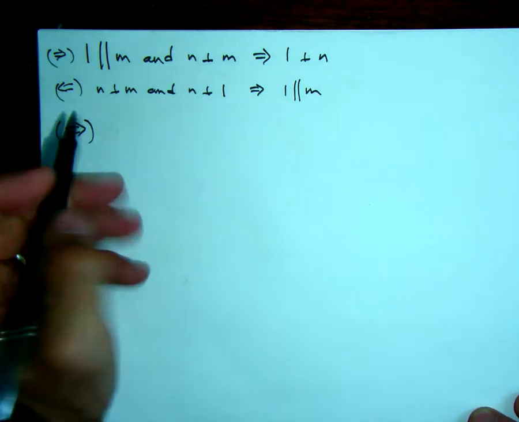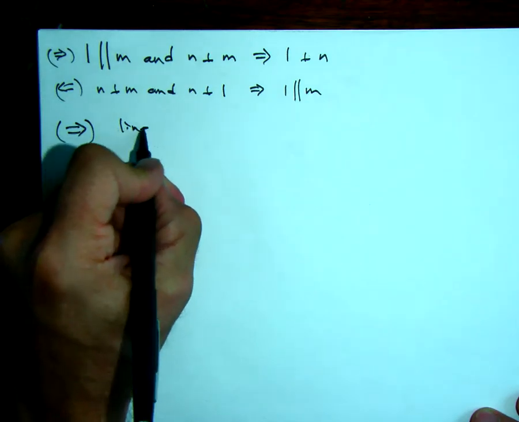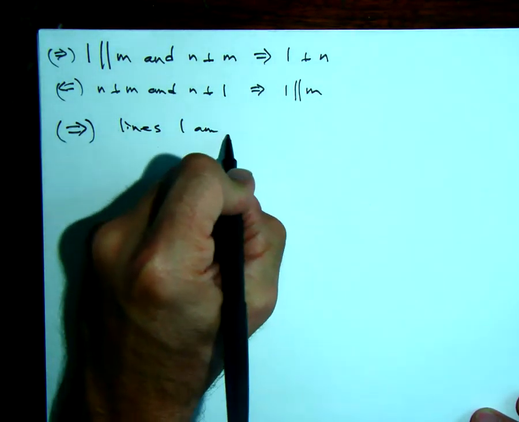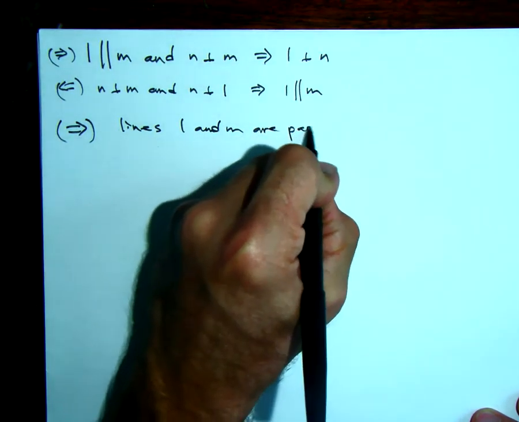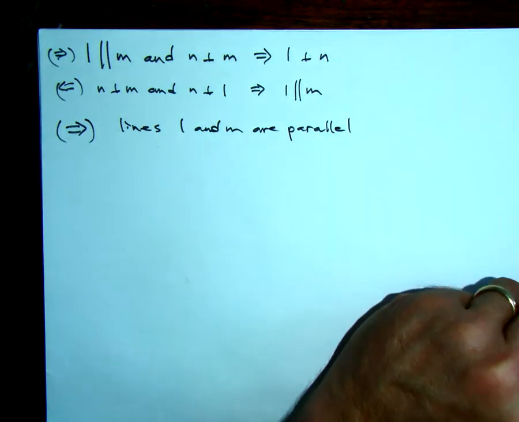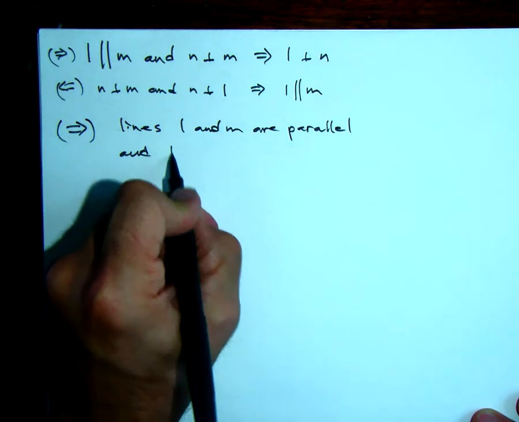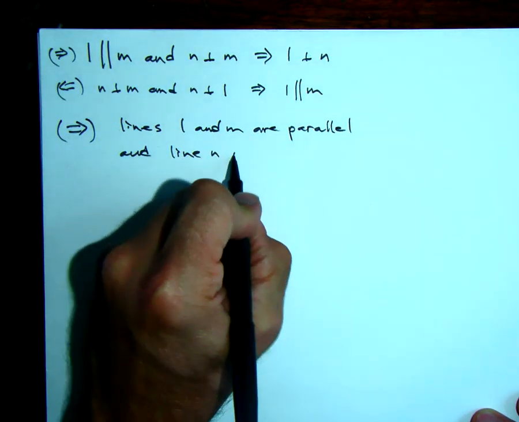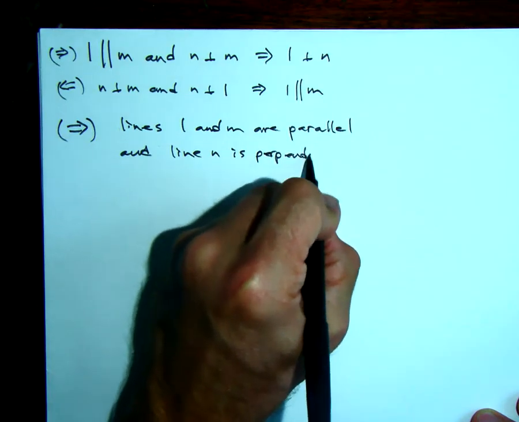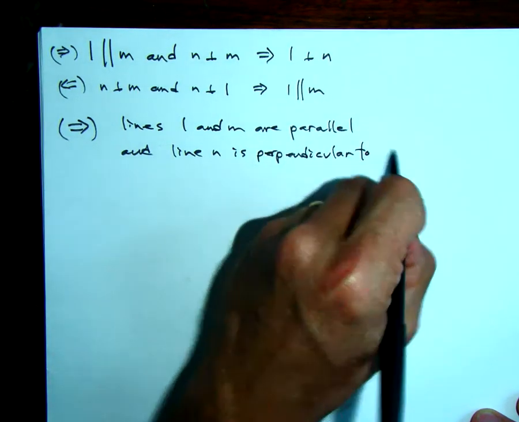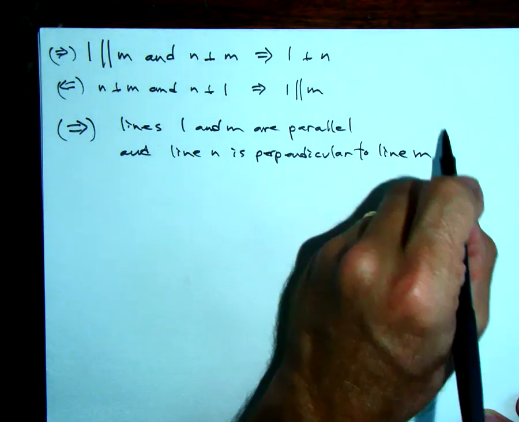So I would start with: lines L and M are parallel, and line N is perpendicular to line M. You could say this is given.